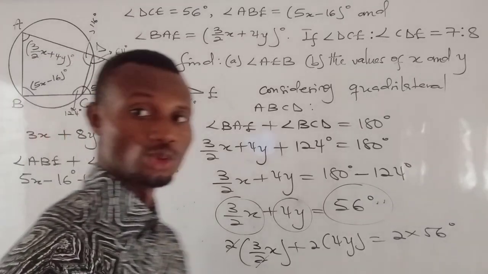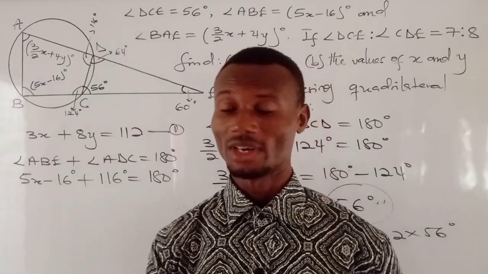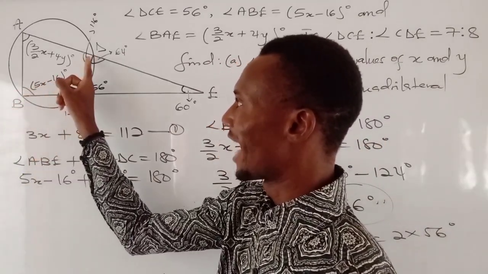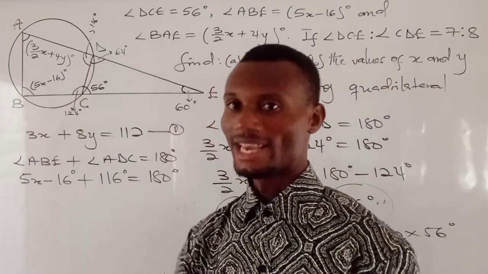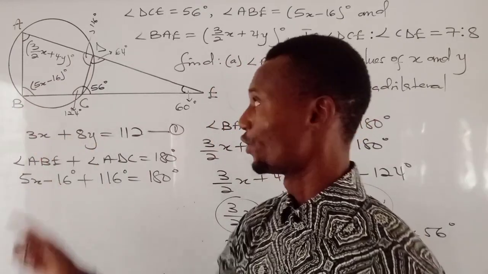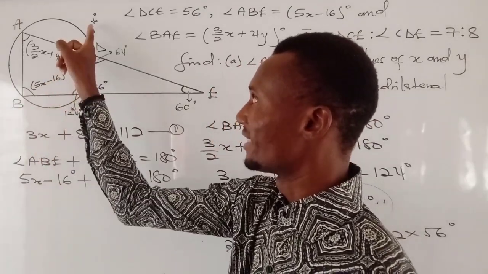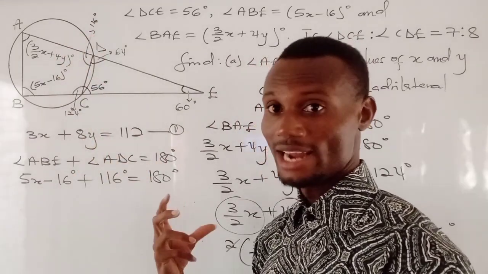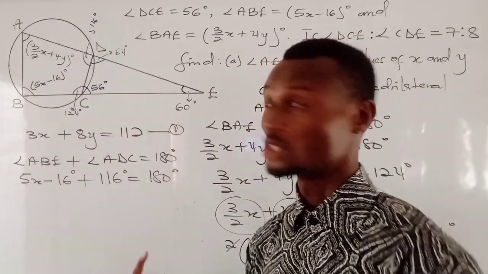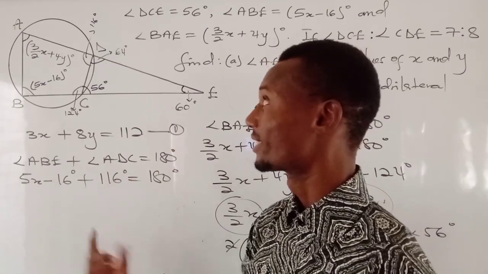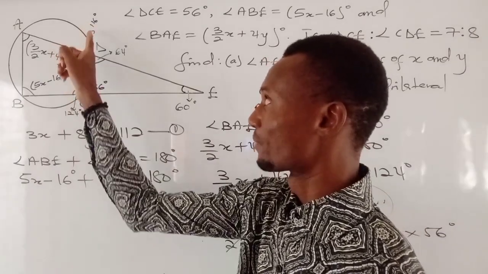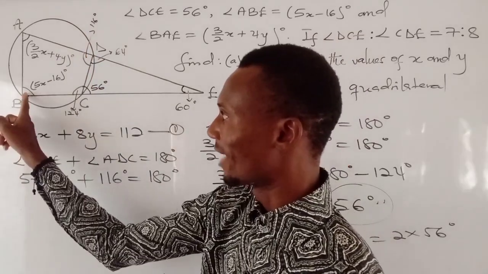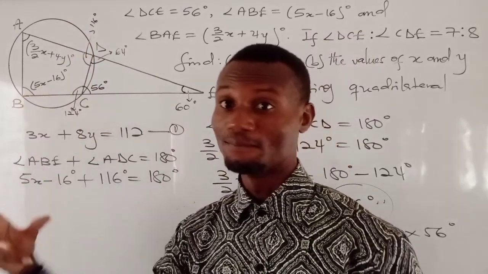All that we did is to input the values. We first did the addition of this angle and this angle equals to 180 degrees, and we are just inputting the values. We know here to be 116 degrees. I've written it there. We've already solved it, but I've cleaned that part. That's why you are not seeing the solution on the board, but we've already solved it, and we know that the angle here is 116 degrees, and also this angle is 5s minus 16 degrees.